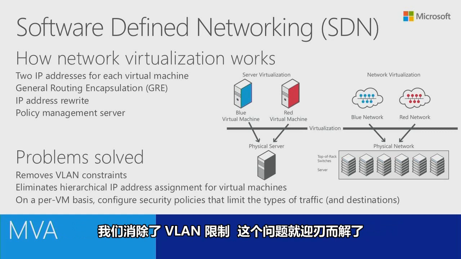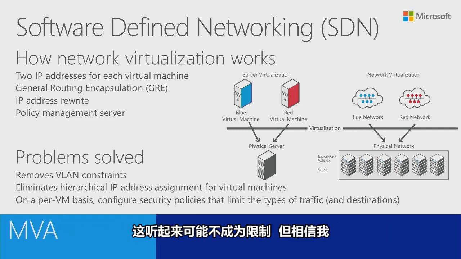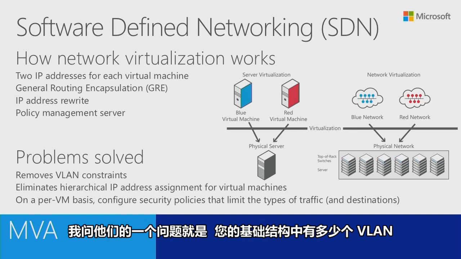The problem solved by this is that we're removing VLAN constraints. What I mean by that is there are up to 4,095 VLANs in the VLAN spec. That may not sound like a limit, but trust me, we've run into folks where it's a very big challenge. I was recently talking with customers around the world, and one of the questions I would ask them is, how many VLANs do you have in your infrastructure?